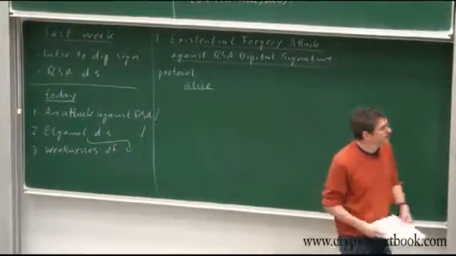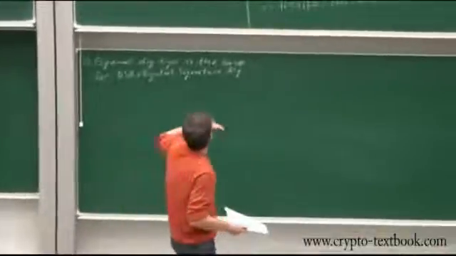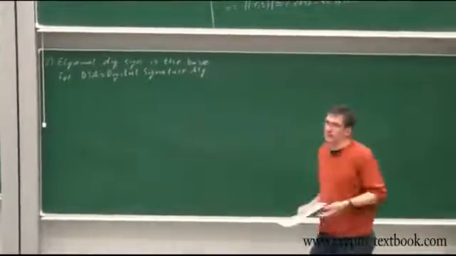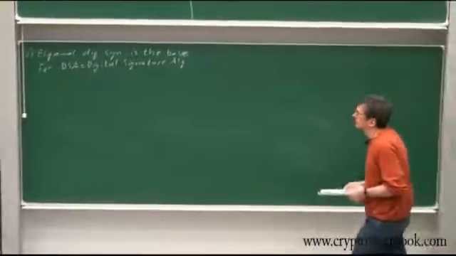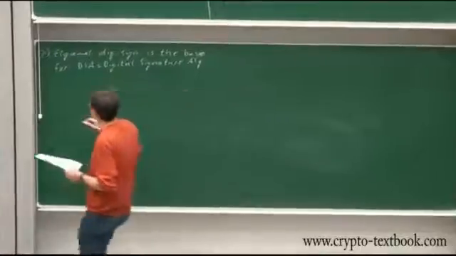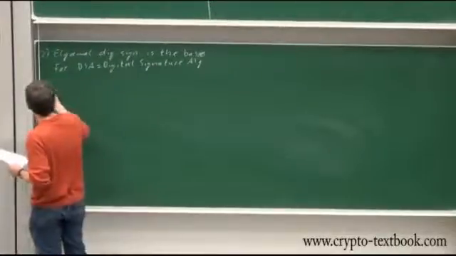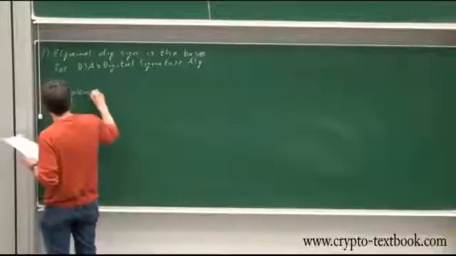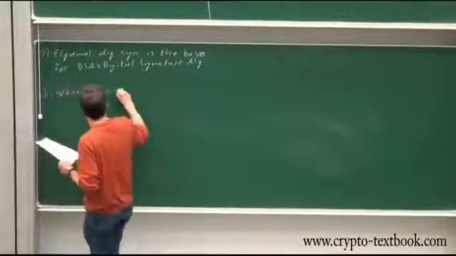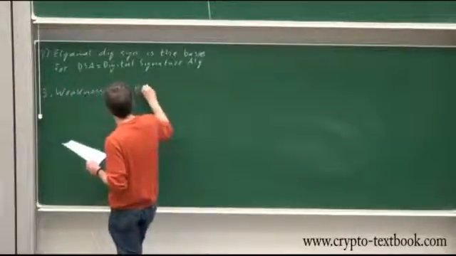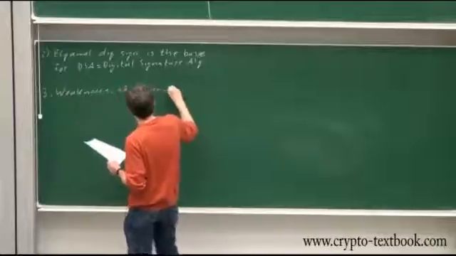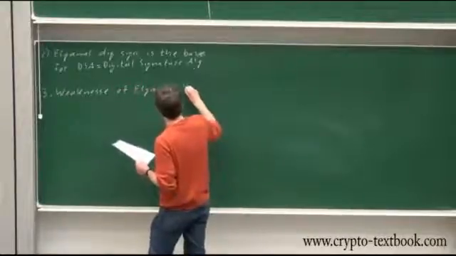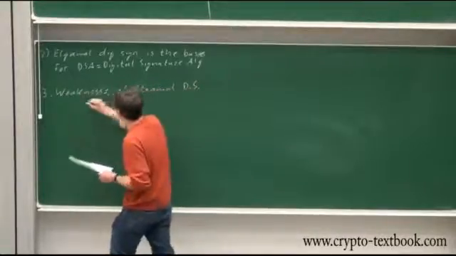What is left now, and it's actually kind of fun, I hope, is we want to look at weaknesses, at attacks. This is chapter number 3, weaknesses of the Elgamal digital signature.